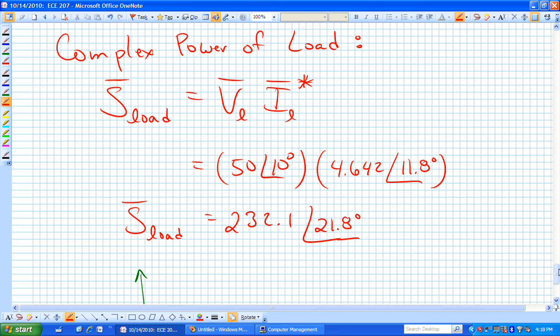Here we started with a current of 4.6 at an angle of minus 11.8. So now we just need to negate that minus 11.8 to give us plus 11.8 to find the conjugate of that current.